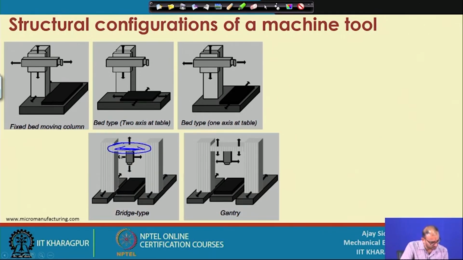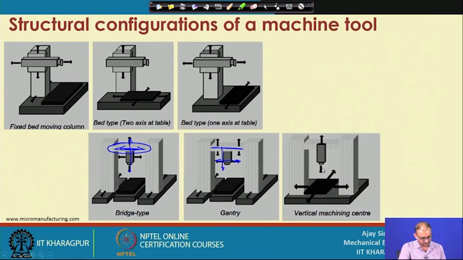So, it was moving in the x direction on this bridge and then it was moving in the z direction. But here your tool is capable of moving in the x direction only, and this whole bridge will move in the z direction. So, this is under configuration of the machining structure, and there is still no connection of all the axes with the workpiece.